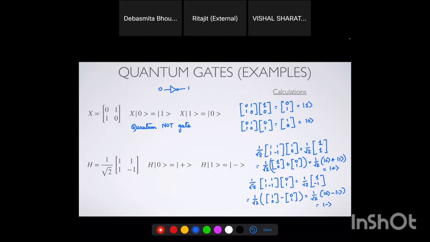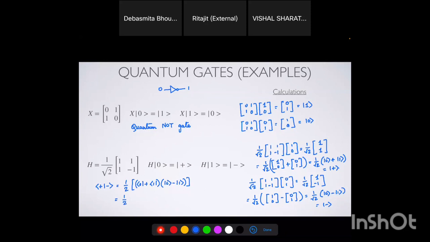You can again check what happens if we take the inner product of plus and minus. So let's try to see. 1 over square root 2 times 1 over square root 2 goes out as 1 half. And then we have 0 plus 1 times 0 minus 1. So let's open this up.